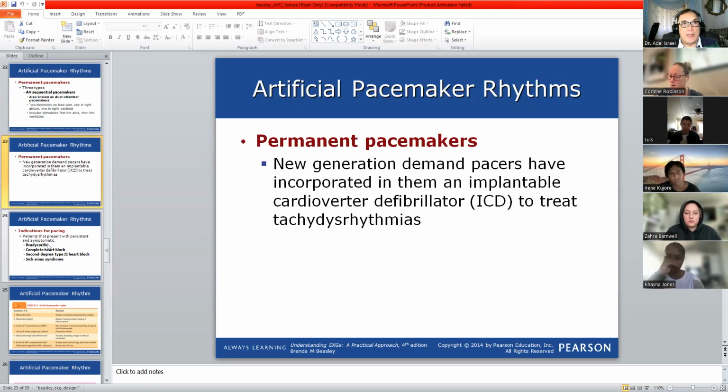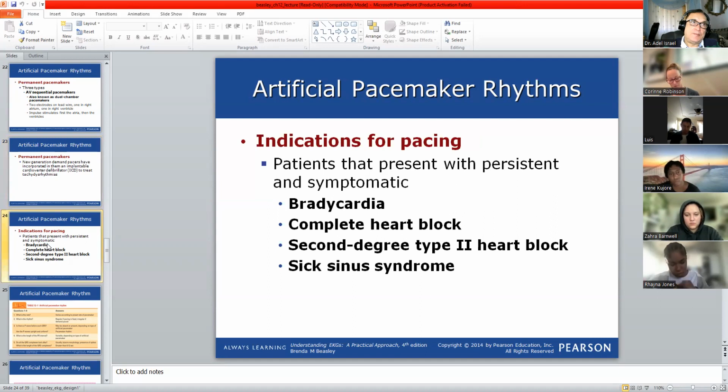I stands for implanted, C is for cardioverter, D for defibrillator, to treat tachyarrhythmias, like we mentioned, ventricular tachycardia or fibrillation.